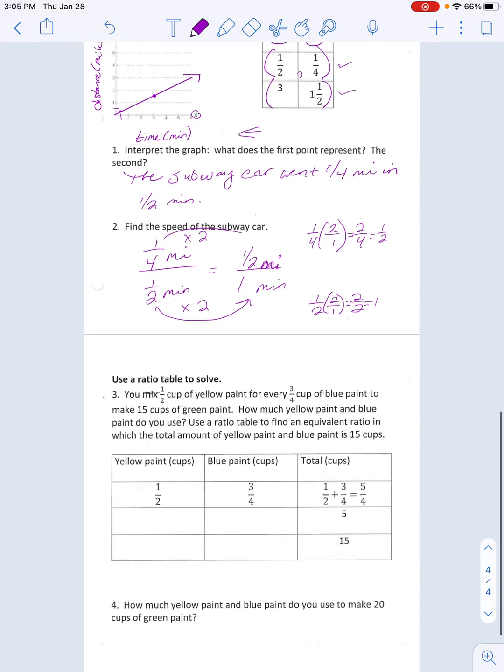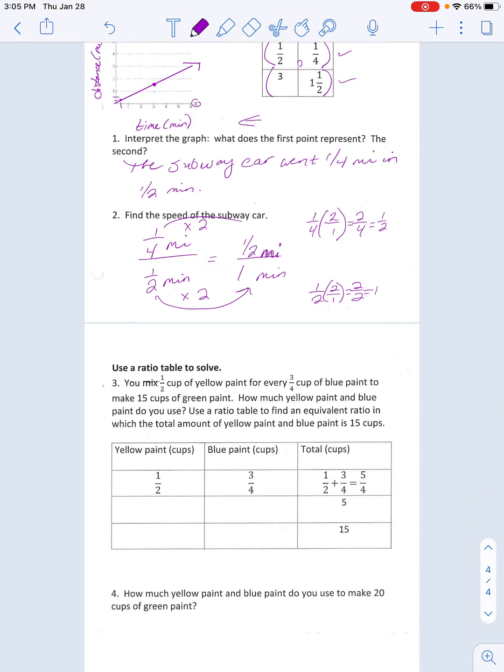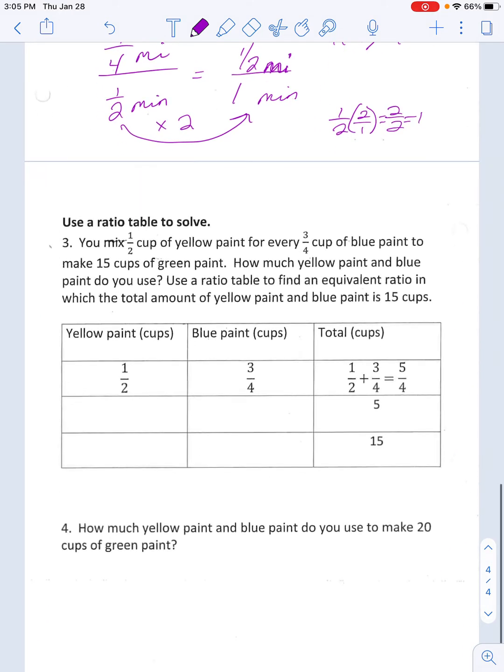Alrighty. This next one's a little bit more difficult to figure out. Stay with me. Use a ratio table to solve. You mix 1/2 cup of yellow paint for every 3/4 cups of blue paint. We want to make 15 cups of green paint. Yellow plus blue apparently is green.